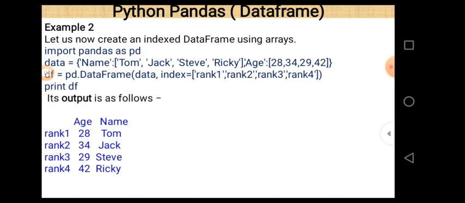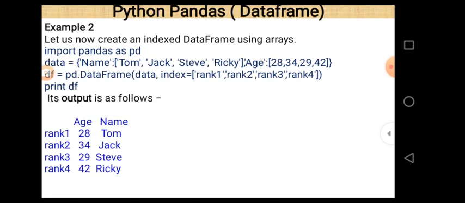So when we pass this dictionary, represented by the name data, in the data frame as an argument, then what happens? The result is the same as the previous example, example 1, but here there is a little difference, and the difference is the index values passed, and the index values are rank 1, rank 2, rank 3, and rank 4.